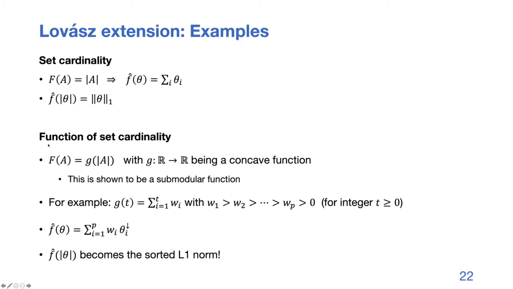The second example is a function of set cardinality. Let's say we have a submodular function defined as g of the cardinality function. Here, g is a one-dimensional concave function. And by this formulation, we will eventually get something like sorted L1, no? So this is very closely related to SLOPE.